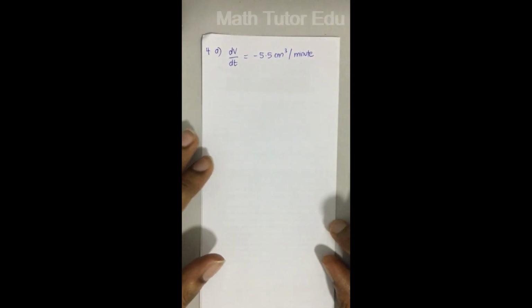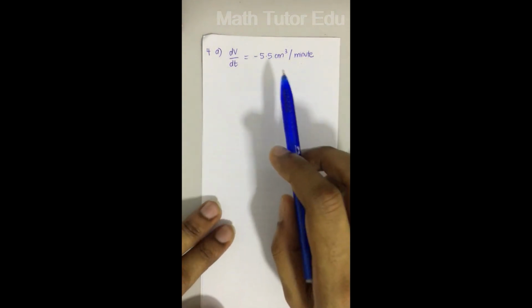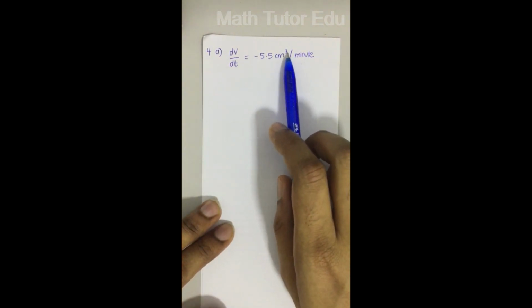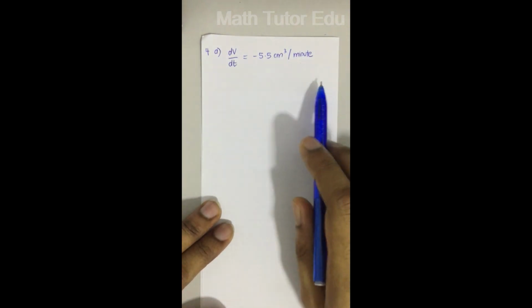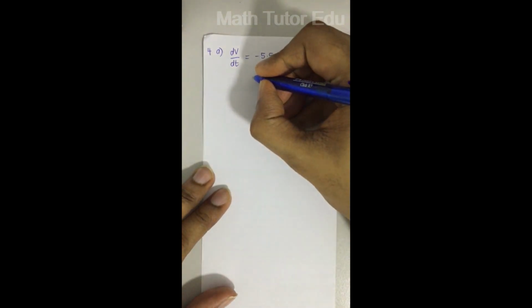But the question asks us to determine the rate of change of the side length in centimeter per second. So technically the first step is we need to convert this centimeter cube per minute into centimeter cube per second. So we need to standardize the unit, guys. How to do that? Let me show you the working here.